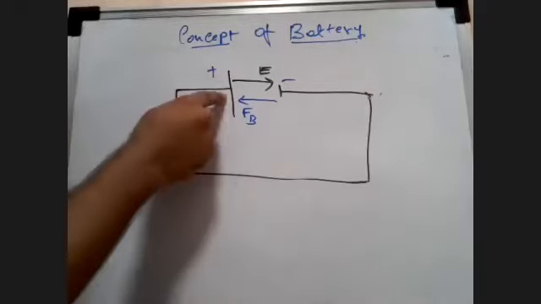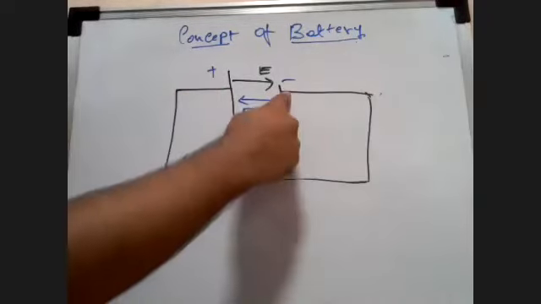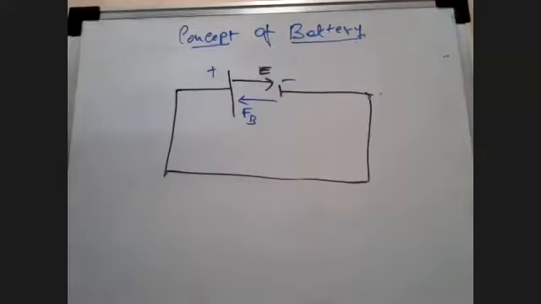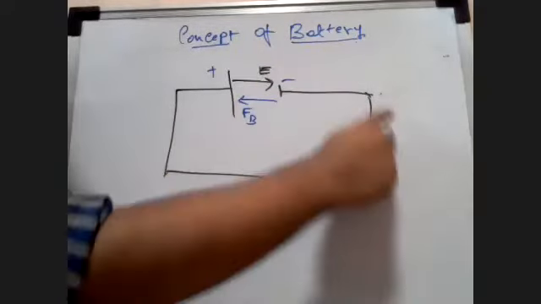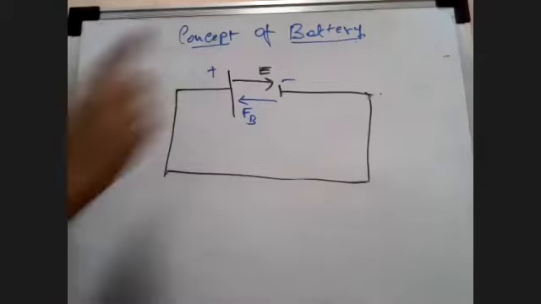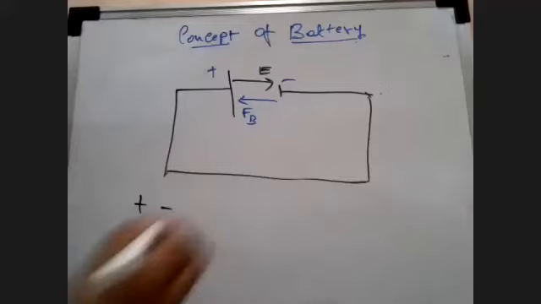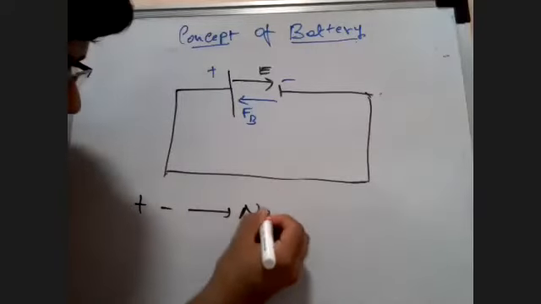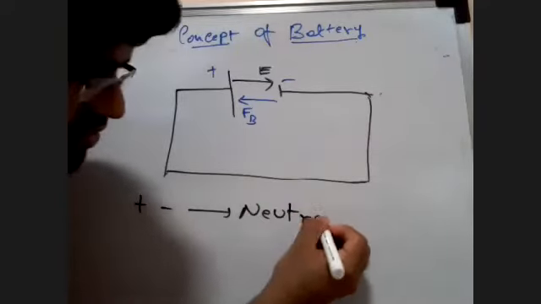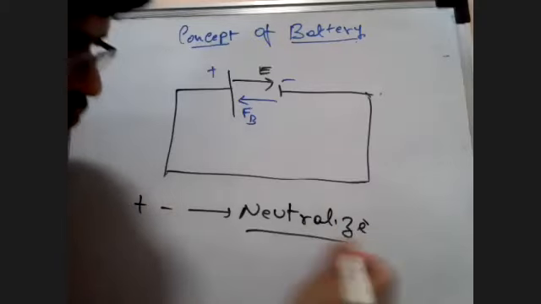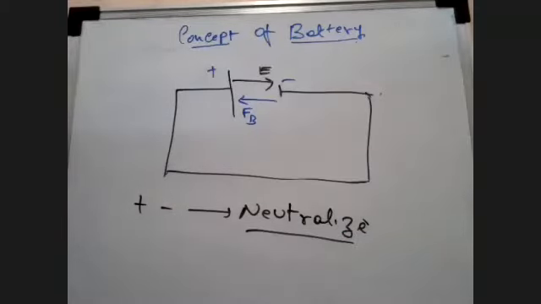Isn't this positive charge going to come here and meet this negative charge? Similarly, a negative charge will come from here and meet a positive charge here. What happens when a positive charge meets a negative charge? They neutralize. You agree with me? Yes, sir.